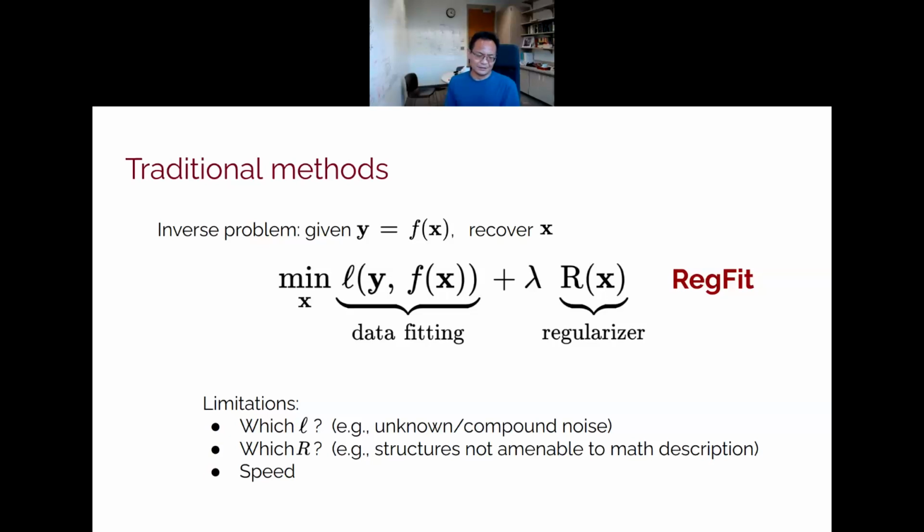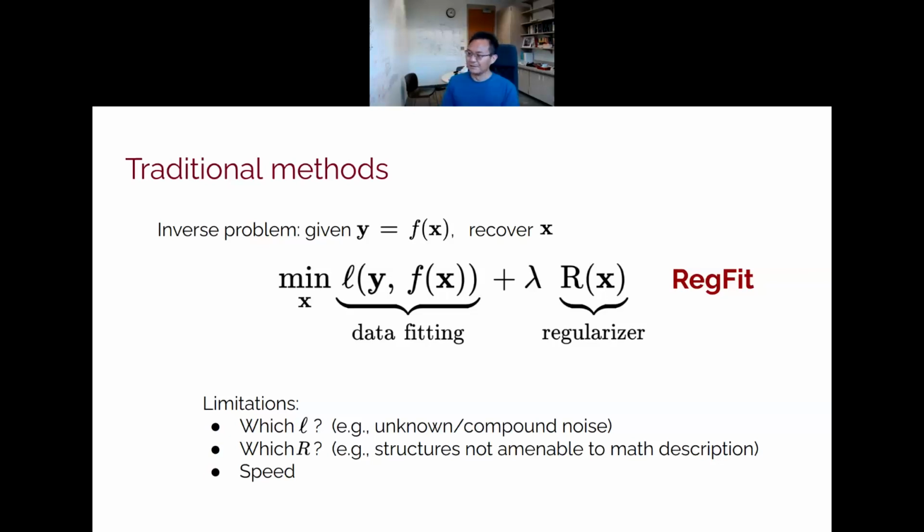But these are very special cases. There are many cases where you know the structure exists, but it's very hard to describe, or to find the corresponding regularizer to describe that phenomenon.